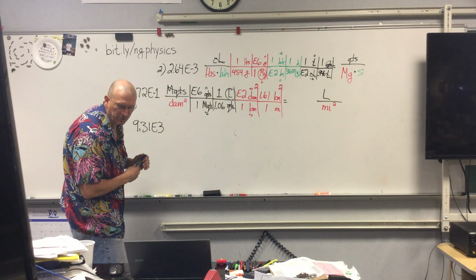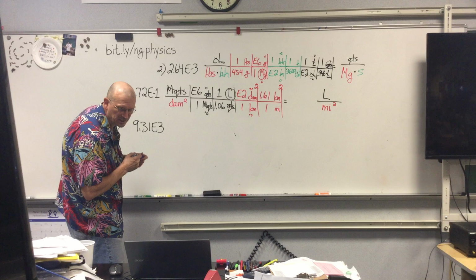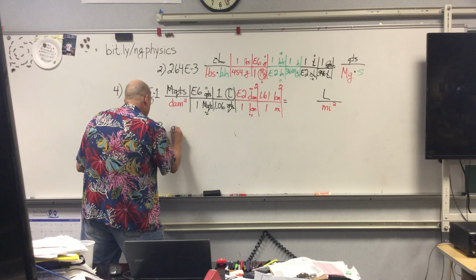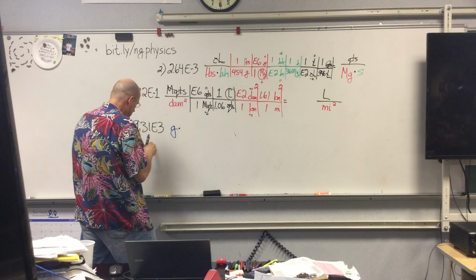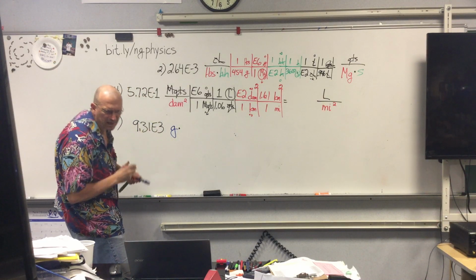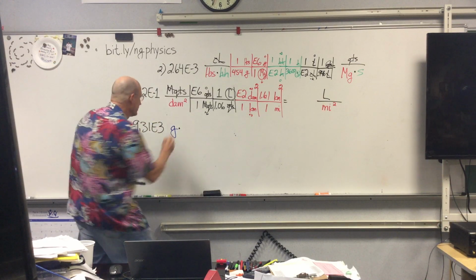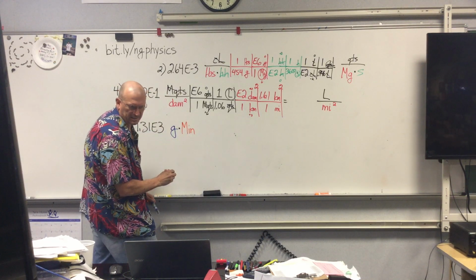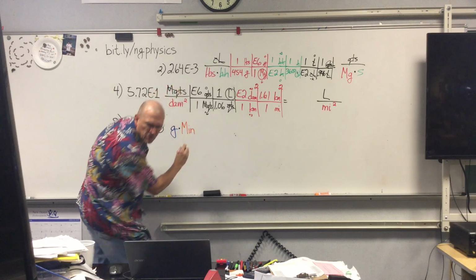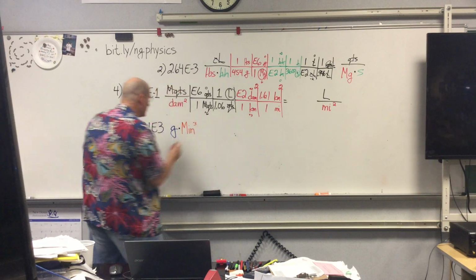This time we'll do blue and orange because we haven't used those. We have grams times a capital M and IN, and this is cubed. Okay?